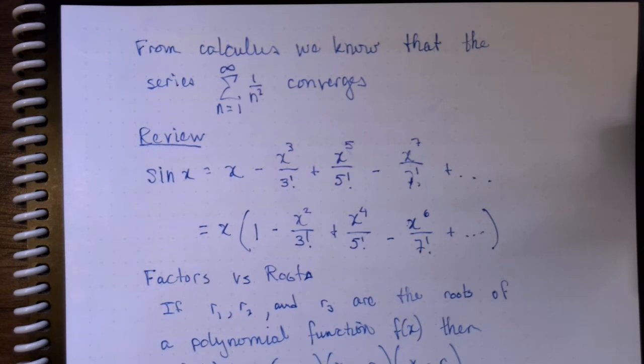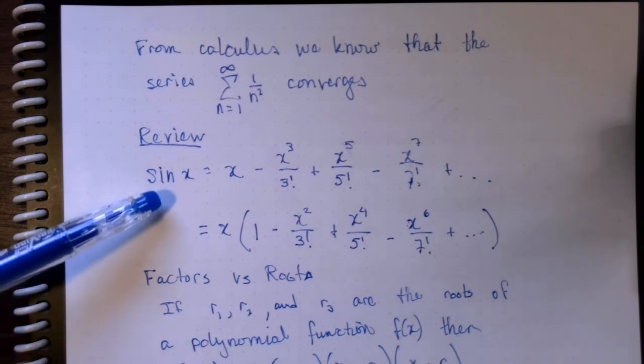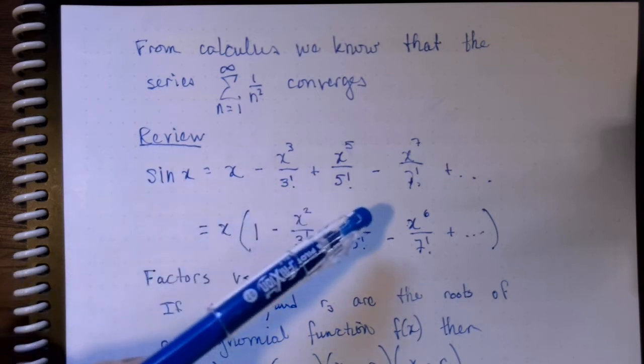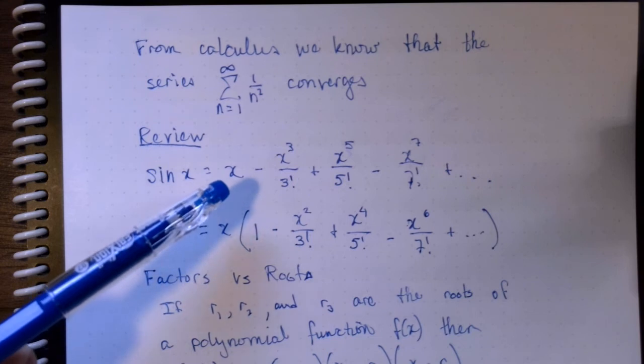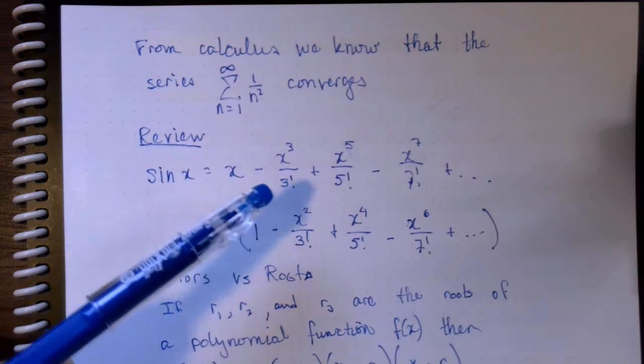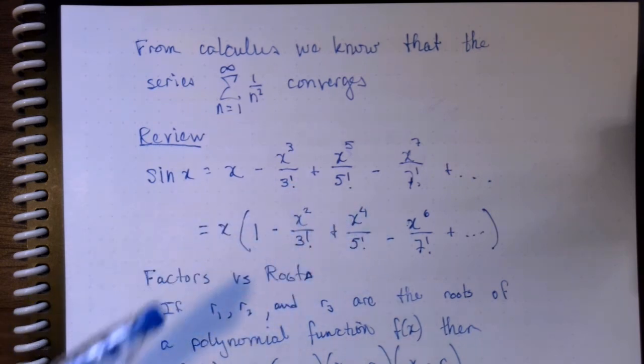So to review, we are going to talk about the Maclaurin series for sine x. You'll remember it's an alternating series. First term is positive, next term is negative, back to positive, back to negative. So it's an alternating series, and the series contains only odd powers of x.